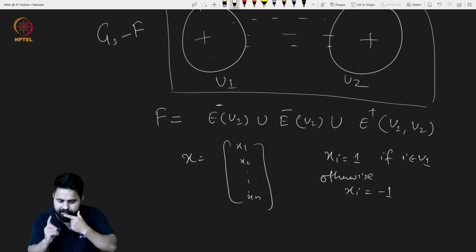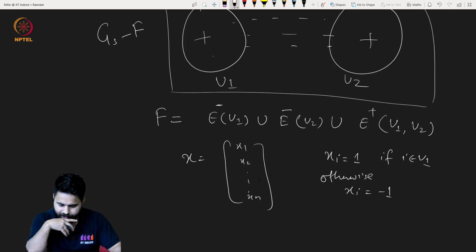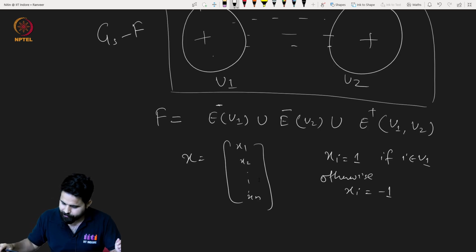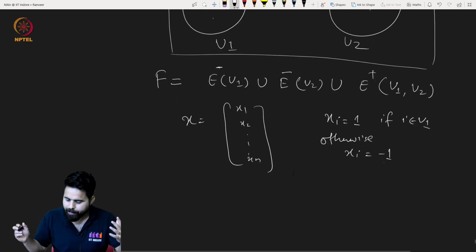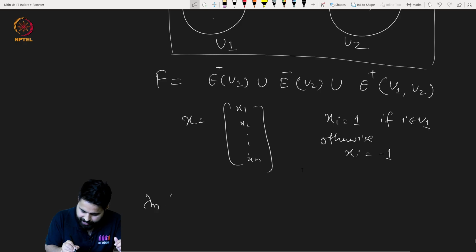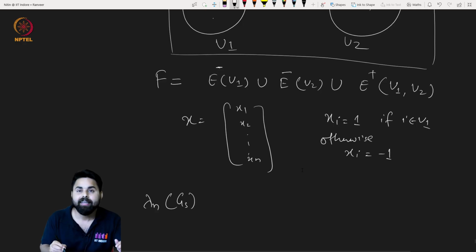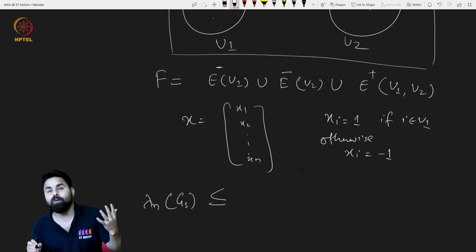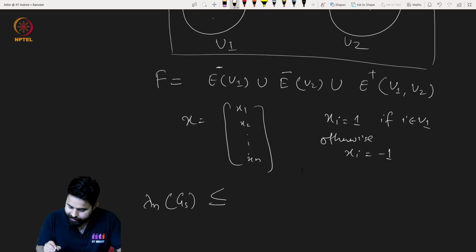Now in this setup, we already know that this lambda_n of your signed graph is, due to the Rayleigh quotient, always less or equal to x transpose L_S x divided by x transpose x.